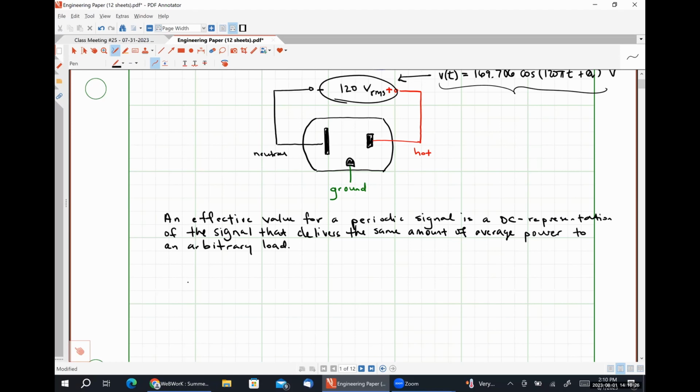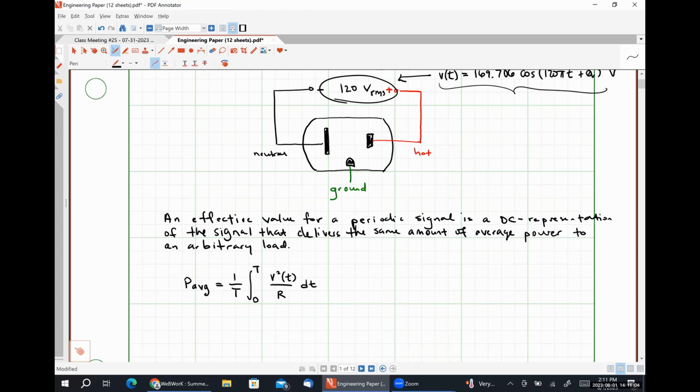The average power that our resistance would receive from a periodic voltage waveform would be given by 1 over T times the integral over 1 period of our periodic voltage waveform squared divided by our resistance value.